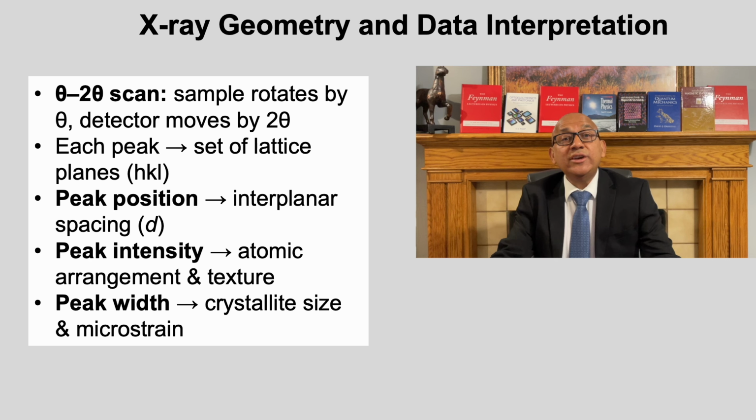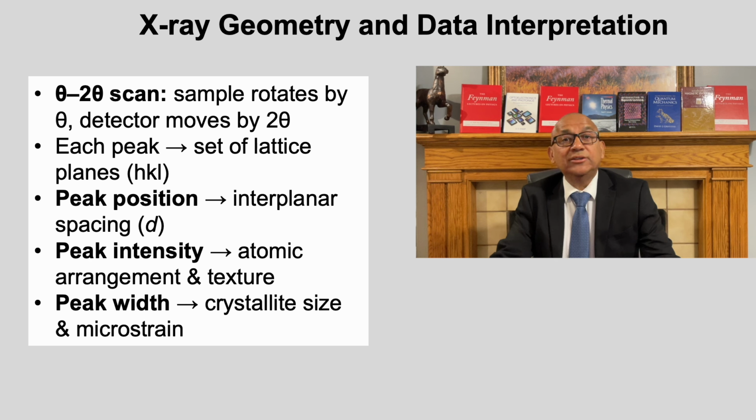The intensity of each peak carries information about how atoms are arranged within the unit cell and whether certain orientations are preferred. In polycrystalline films, strong peaks in specific directions indicate texture or preferred orientation. The width of the peaks is equally informative. Broader peaks often arise from very small crystallites or lattice strain.